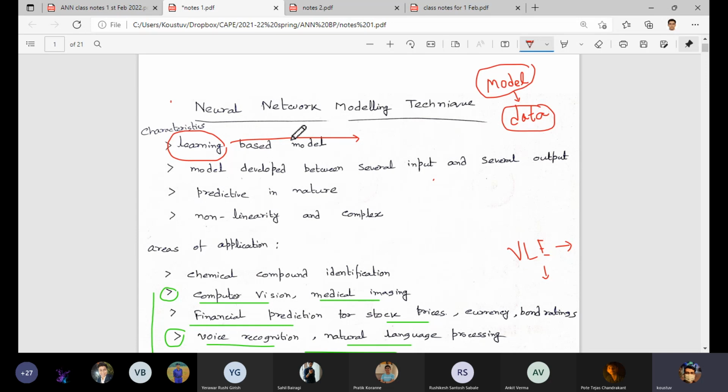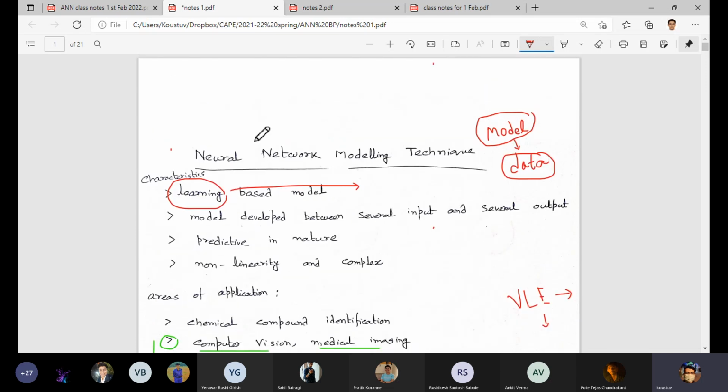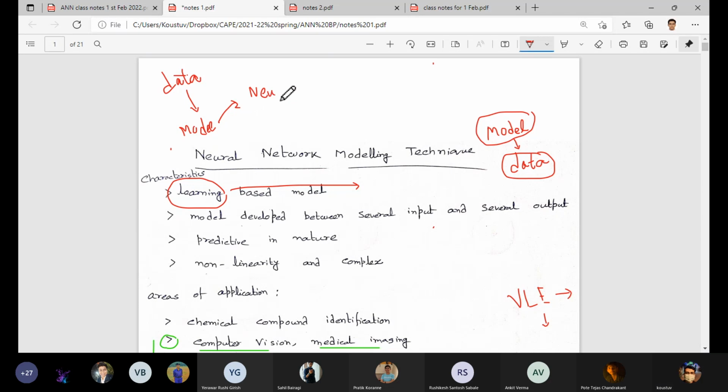But here in neural network modeling, we go in the reverse direction. We are given loads of data, several classes of data, several features, and then one asks us: can you tell us what model or what architecture? That model is nothing but derived from the neural network architecture. We will see in detail the structure of that architecture.